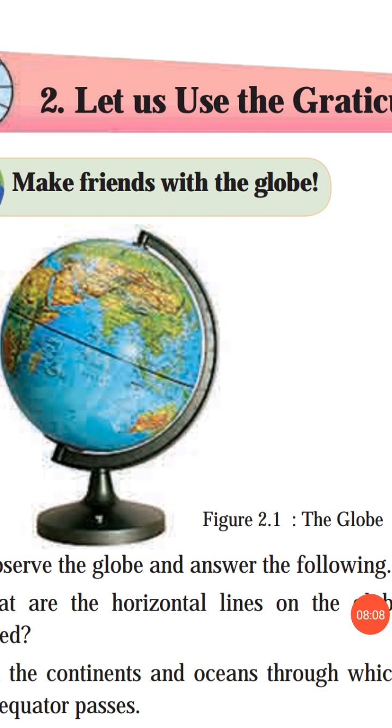Students, do you think if a globe is not there, then how will we find the locations of places? It is very difficult to find, right? So geographers overcame these difficulties by developing a miniature model of the earth in the form of a globe. So with the help of the globe we can find the location of a place.